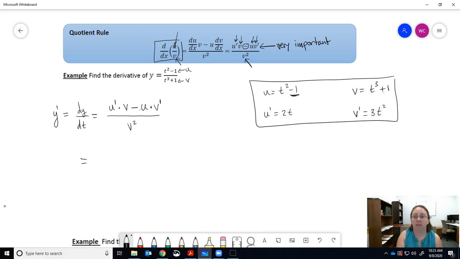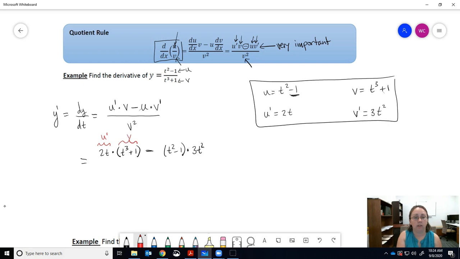All we do is plug in everything in our box over here on the right. So u prime was 2t times the v, t cubed plus 1, minus u, that's the original u, t squared minus 1, times v prime, which is 3t squared. Now on top, I'm just going to label so you can see where everything came from. So this is u prime.